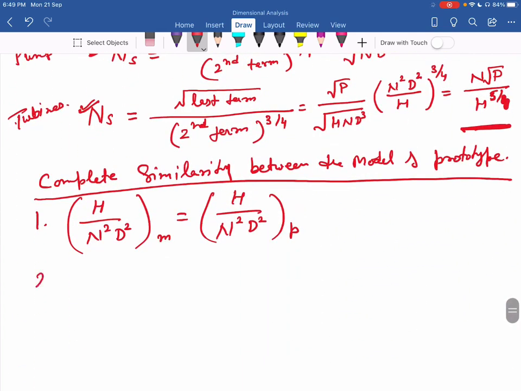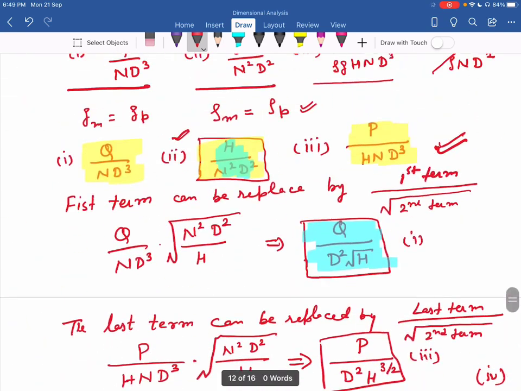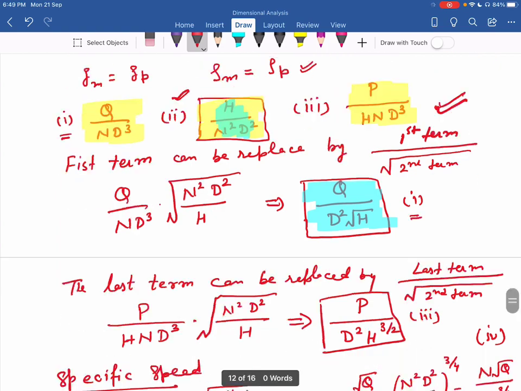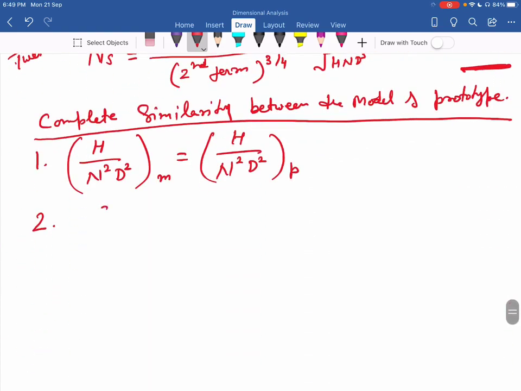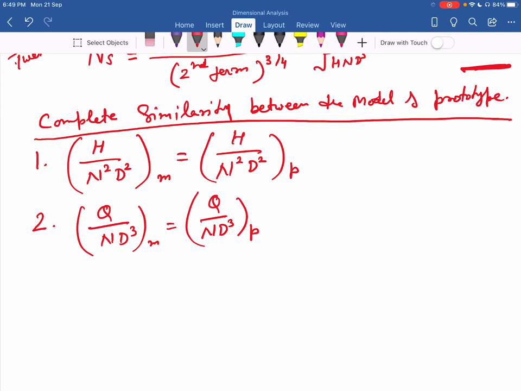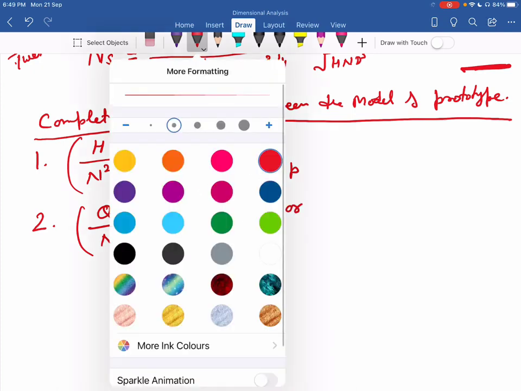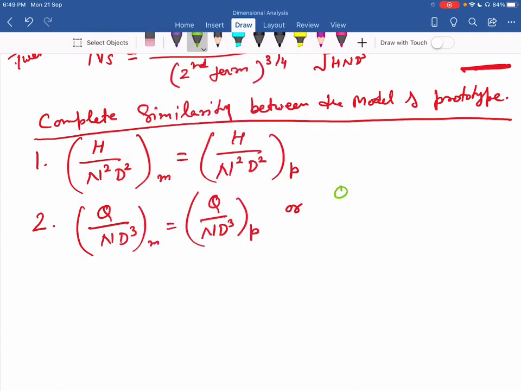Now the second is my equation number 1, my term 1, Q and DQ. Either this term or this term. So I can write q upon n d cube for model is equal to q upon n d cube for prototype, or q upon d square under root of h for model equal to q upon d square under root of h for prototype.